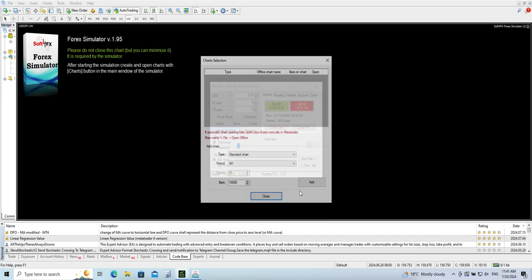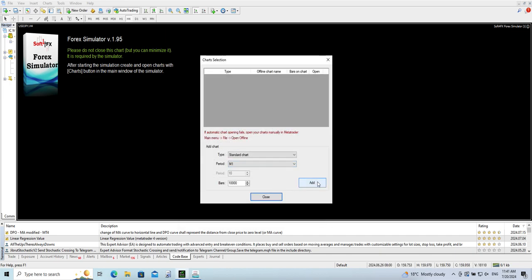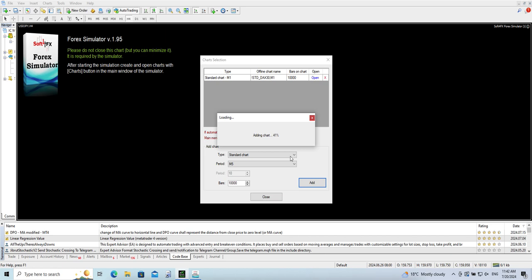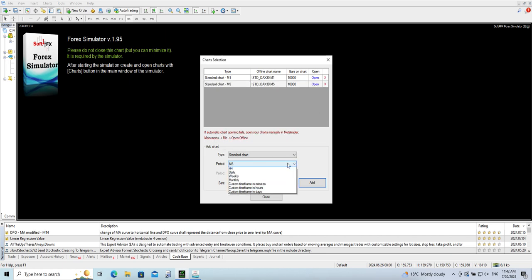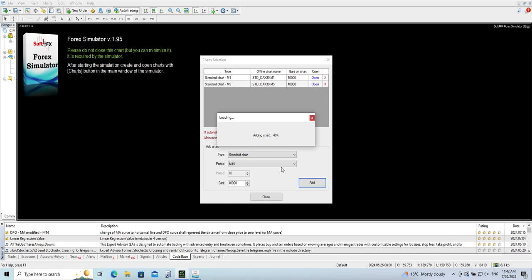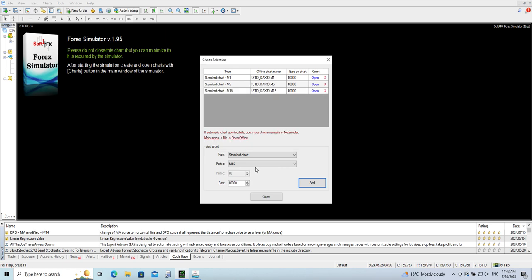Only going to do about 20 minutes here. We need the 1 minute chart. We need the 5 minute chart. We need the 15 minute chart. And a custom time frame, a 10 minute chart.